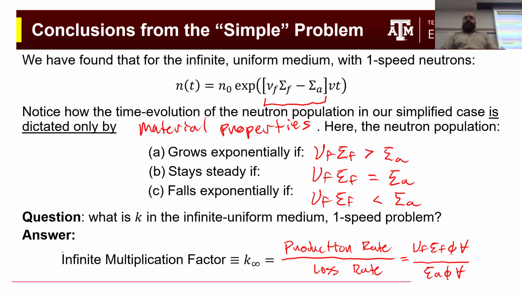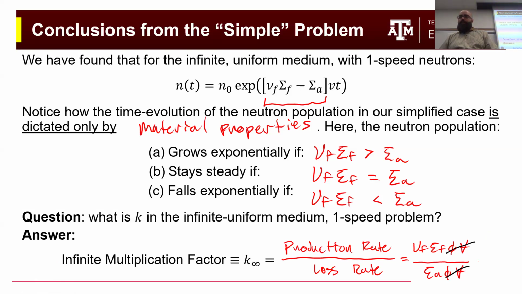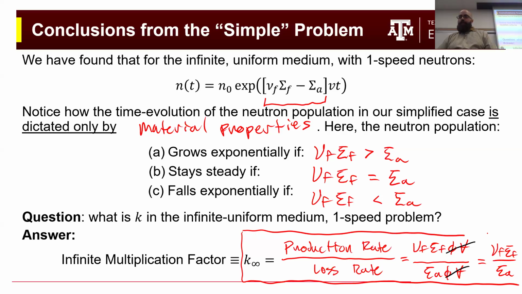And so notice that in this definition, the flux and the volume are the same on the top and the bottom, so they cancel. And that gives us our expression for the infinite multiplication factor, which is nu F sigma F over sigma A. So we've probably seen that equation before. I feel like it's a good point to just remind ourselves that we have the tools to predict these kinds of things.